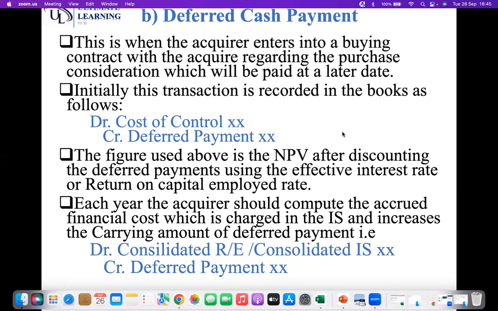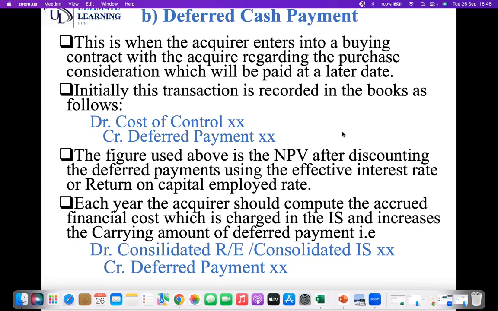If you promise to pay within 1 year, it becomes a current liability.